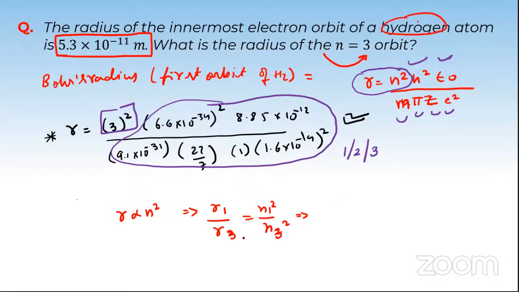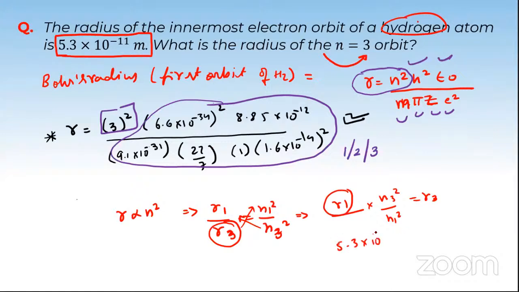Next, I want the radius of 3, so I'll take n3 here. R3 equals R1 times n3 square by n1 square. I have brought n1 to the denominator, n3 to the numerator, R3 to the right-hand side. The radius of the first orbit is given in the question very clearly. It is 5.3 into 10 raised to minus 11, into n3 square, 3 square, by n1 square, 1 square, is equal to R3.